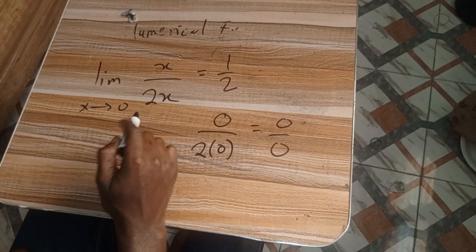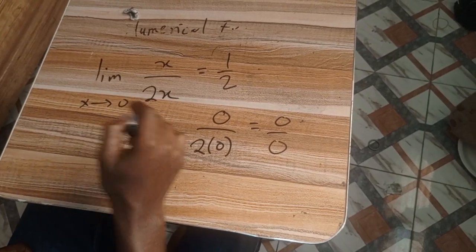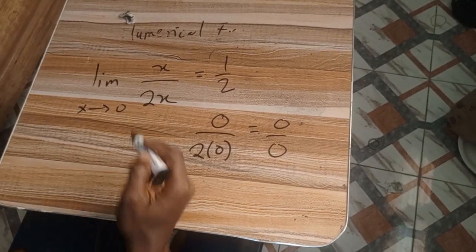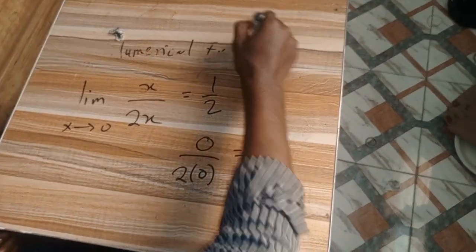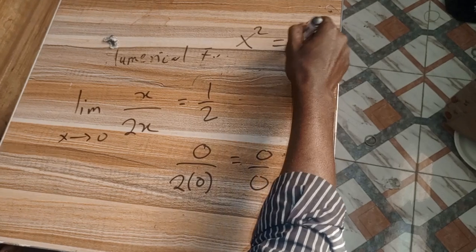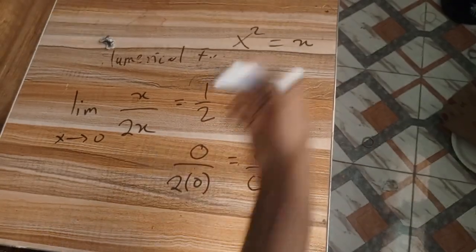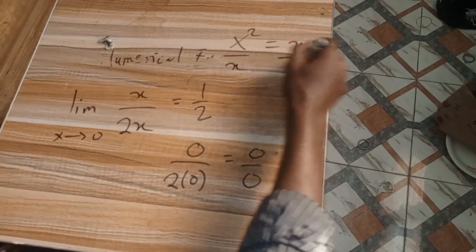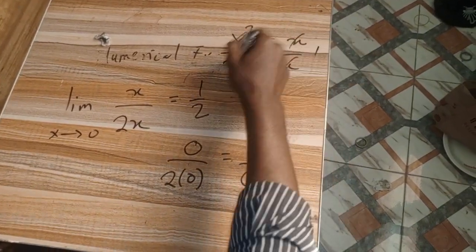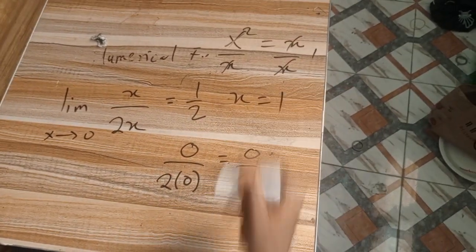So you have to be careful. If it is possible for x to be 0 and you do that, then you are wrong. As you will do in this case, if you have the equation x squared equals x, and you are looking for the truth set, and you cancel out, you divide, and you say this is 1 and this is x, you end up with x equals 1.